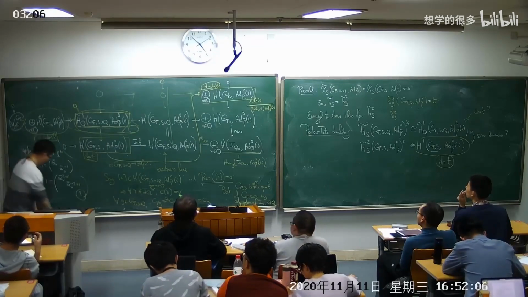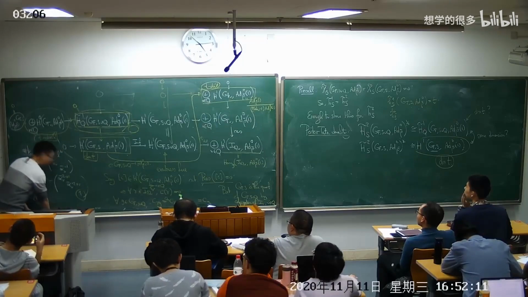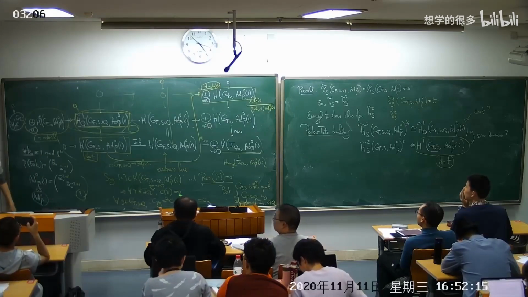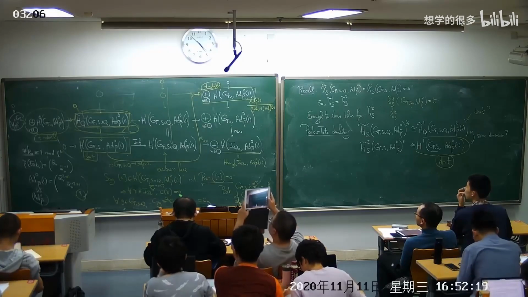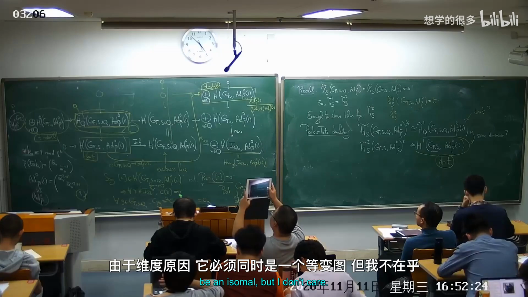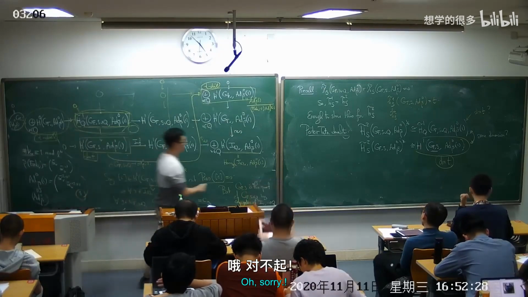I'll leave it as is for you to think. Basically, I want to show the snake map is injective. For dimension reasons, it must at the same time be an isomorphism, but I don't care.